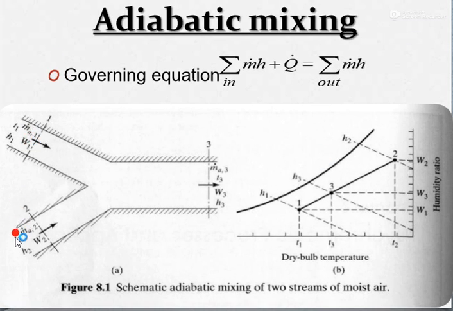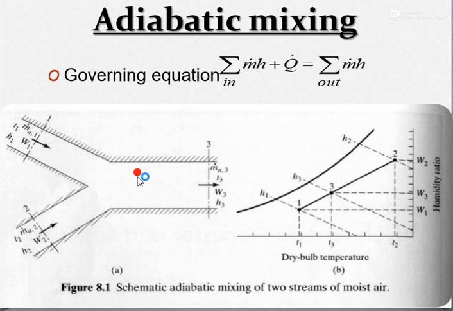From this diagram, you can see that at point number 1, air with temperature T1, enthalpy H1, and humidity W1 is coming inside. At point number 2, again the air with temperature T2, enthalpy H2 and specific humidity W2 is coming inside, and at this point both airs are being mixed, and at point number 3 the mixed air is coming out.